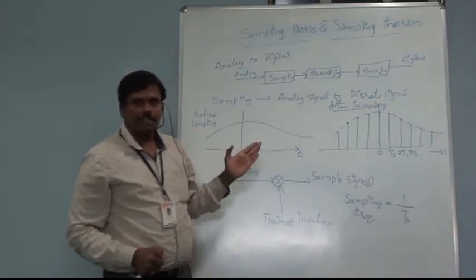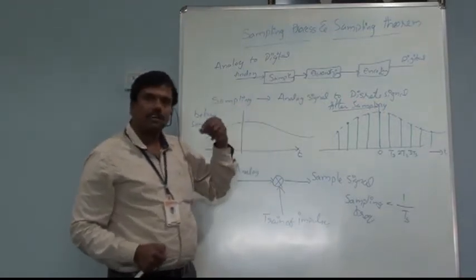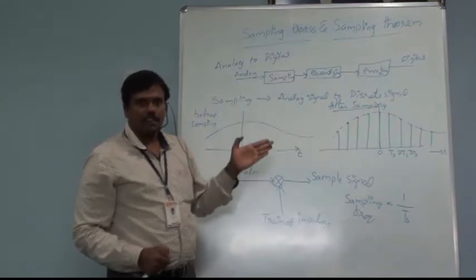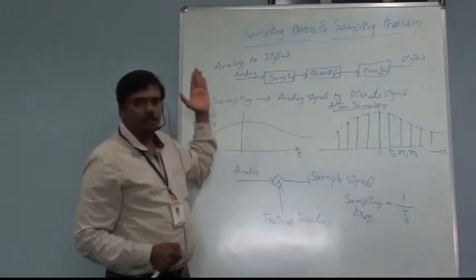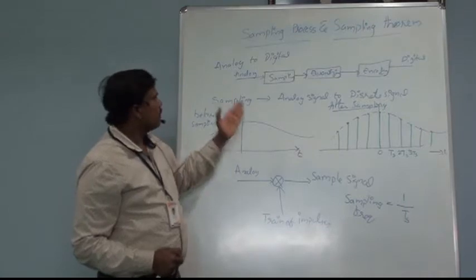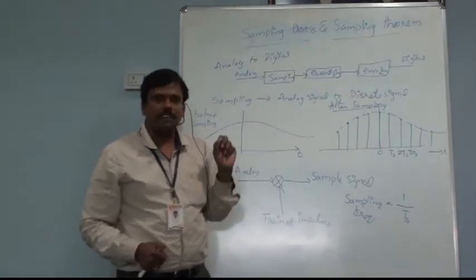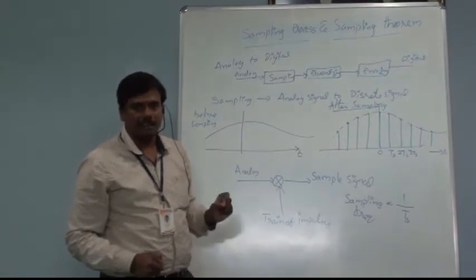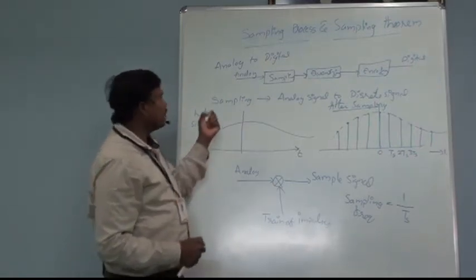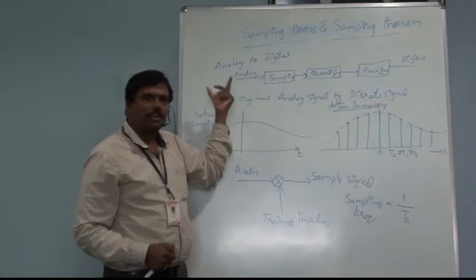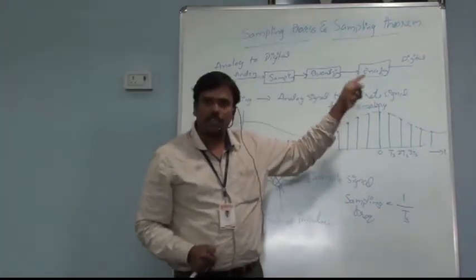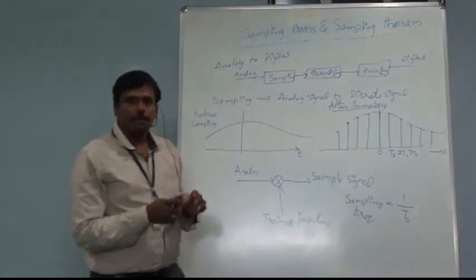The reason behind it is, if you transfer the analog signal directly to the receiver, the effect of noise is more on the process. If you convert this to digital and then process it to the receiver side, the effect of noise is less. Because of that reason, instead of transferring the information in analog directly, we are transferring the information in digital form. But a problem will come.